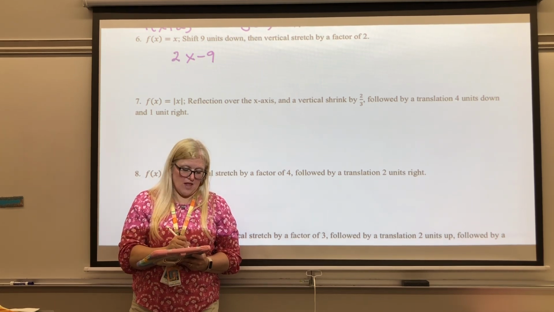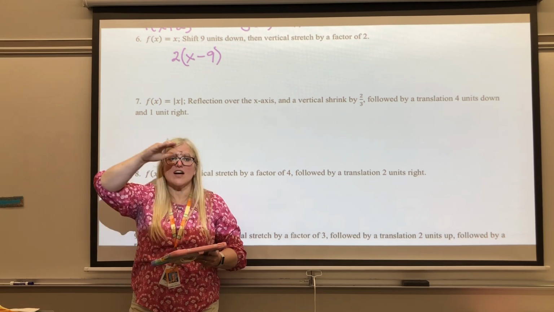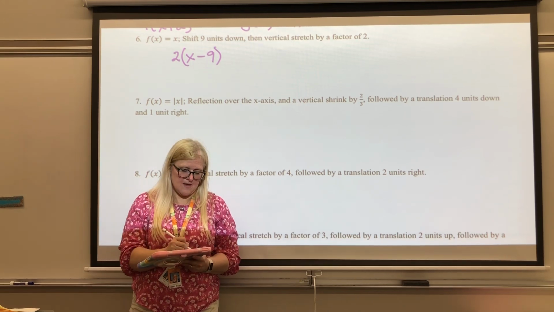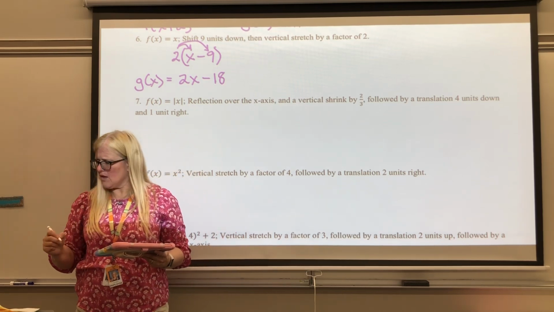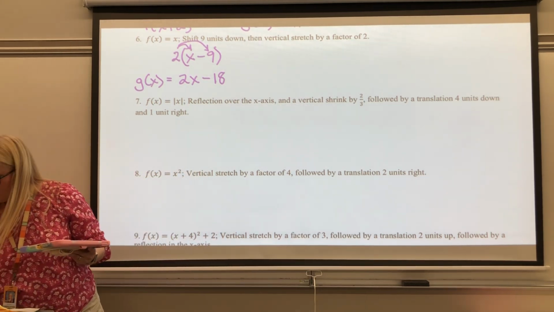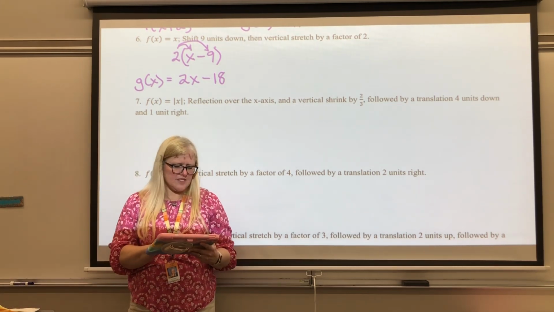So I am multiplying the entire function, that means in the parentheses. And then when I distribute, I get 2x minus 18, which again I'll call g of x. Okay, next one.